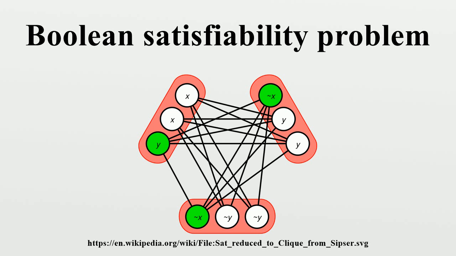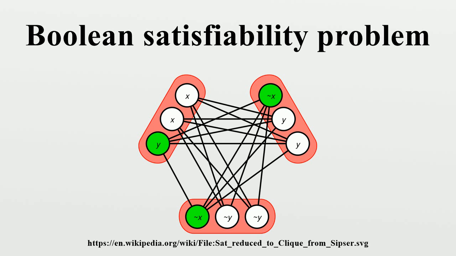This decision problem is of central importance in various areas of computer science, including theoretical computer science, complexity theory, algorithmics, cryptography and artificial intelligence. There are several special cases of the Boolean satisfiability problem in which the formulas are required to have a particular structure.